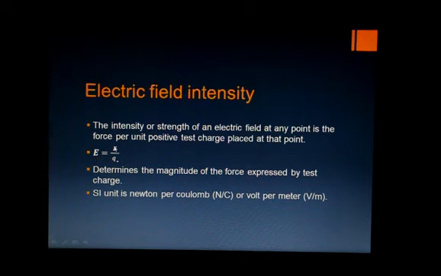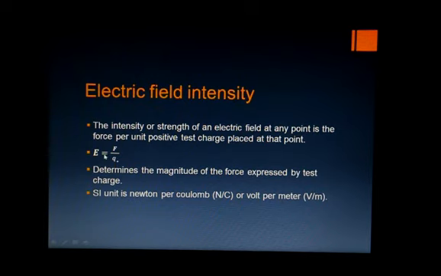F is the force which is experienced due to the test charge, that is given as Q naught. So that is E, electric field intensity, is equal to force per unit charge. This electric field intensity determines the magnitude of the force experienced by the test charge, as I told you earlier.